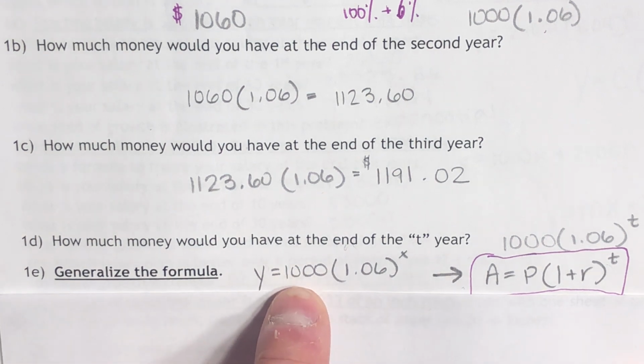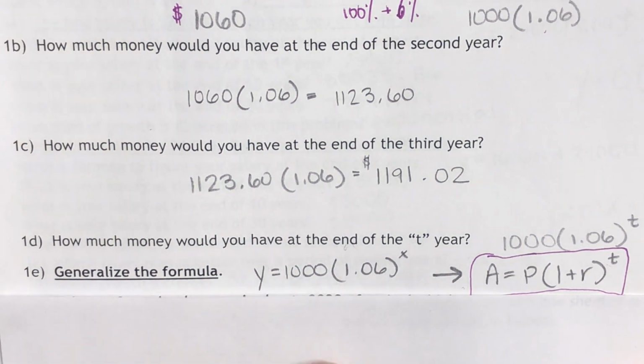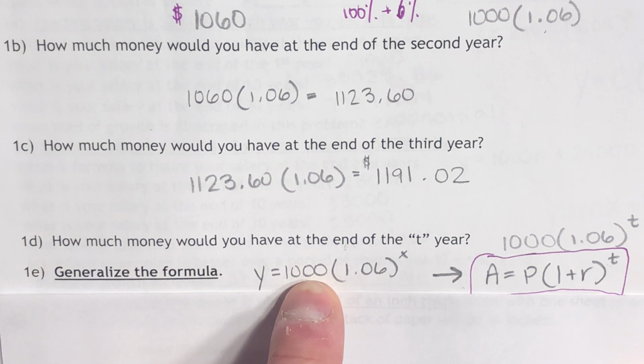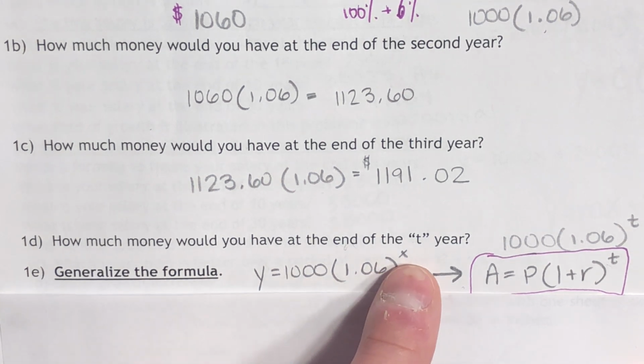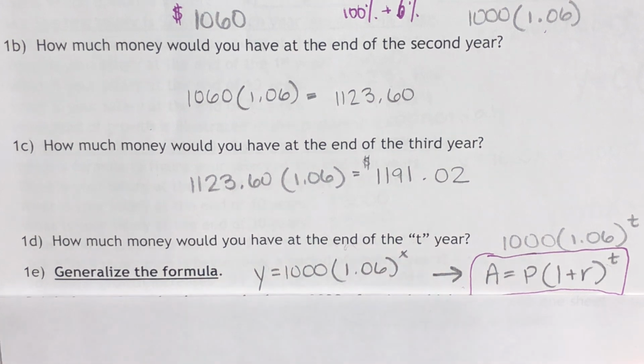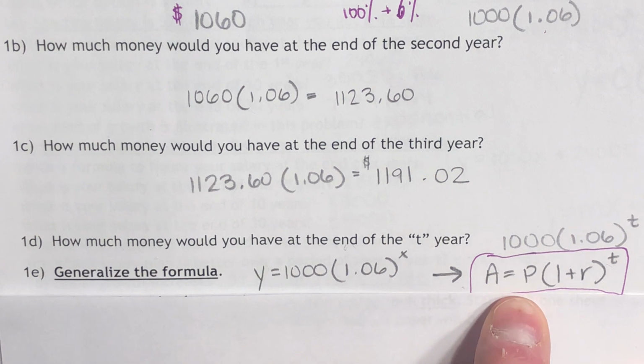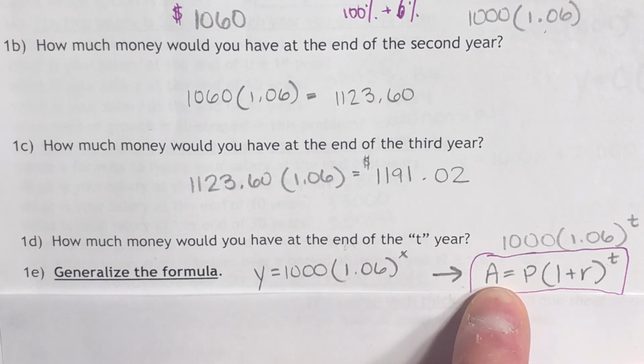For this problem of putting $1,000 in the bank at 1.06, meaning 106%, for X years, that would have been back in Algebra 1, exponential. But this is how it looks as a principal type problem. The amount equals your principal.